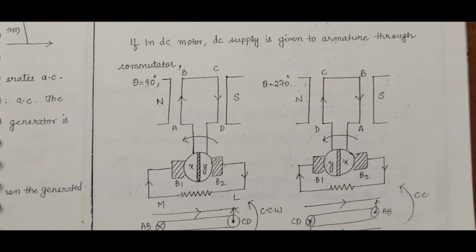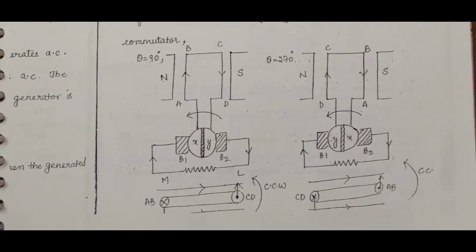In a DC motor, if DC supply is given through slip rings, we can't maintain a cross current under the north pole. But if you use the commutator, then you can maintain a cross current always under the north pole and a dot current under the south pole.